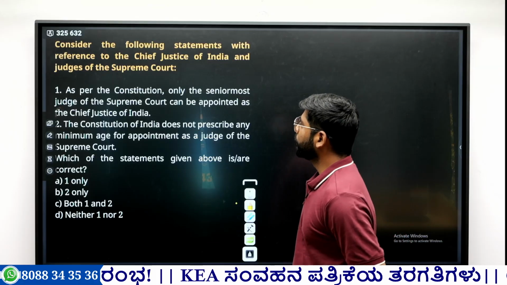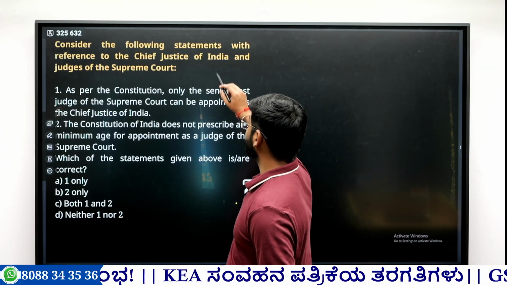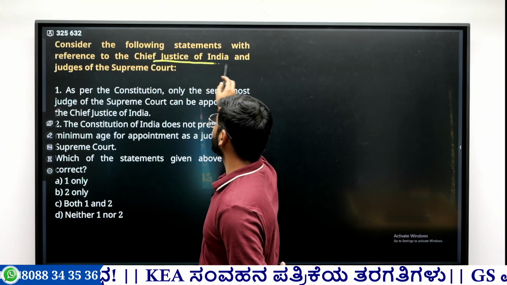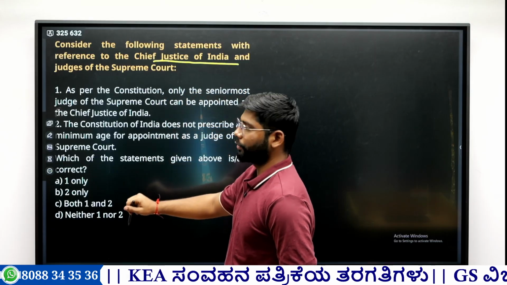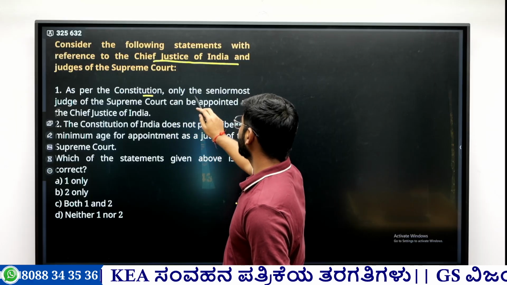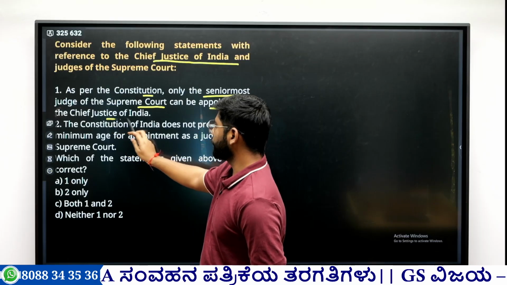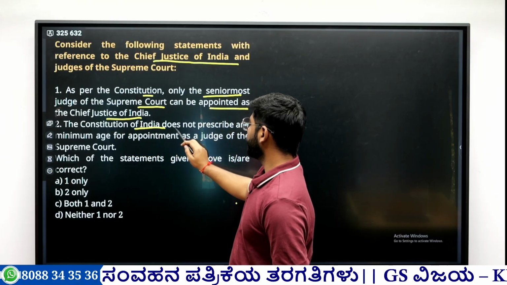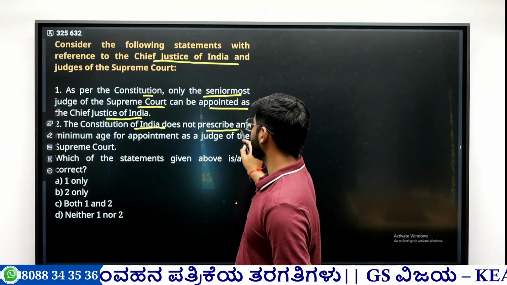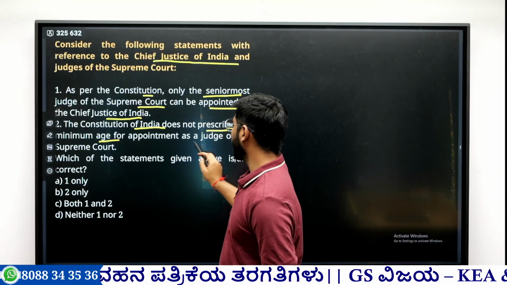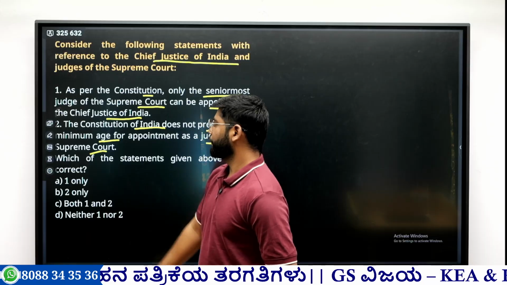Next question. Consider the following statements with respect to the Chief Justice of India and the judges of the Supreme Court. As per the Constitution, only the senior most judge of the Supreme Court can be appointed as the Chief Justice of India. Then the Constitution of India does not prescribe any minimum age for appointment as a judge of the Supreme Court.